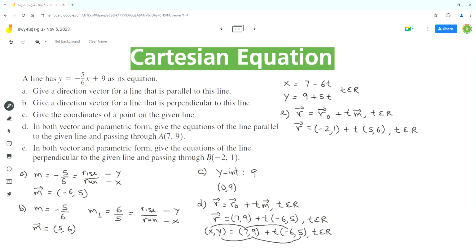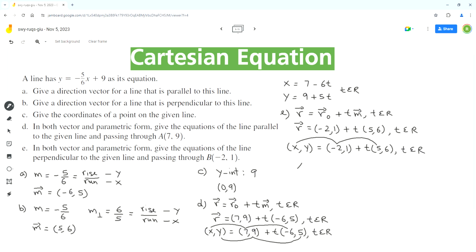Now we can write the parametric equations. So we'll use the point x, y for the position vector of the unknown point on this line. Now we can write the parametric equations using the x and y components.